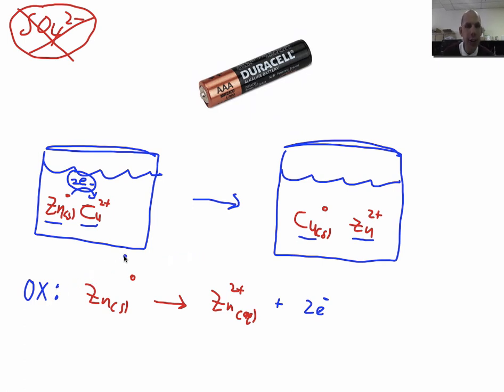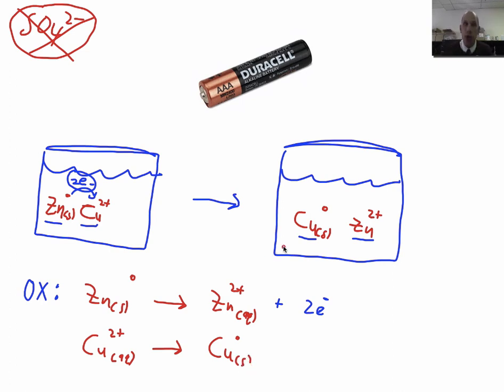Now what happened to Cu? Well, let's take a look at it. Cu started as Cu2+, aqueous. Now remember, there's really a sulfate flying around there, but we're not worrying about it because it's not involved in the spontaneous transfer of electrons in the battery. Okay. And it became Cu. Well, what happened to Cu?